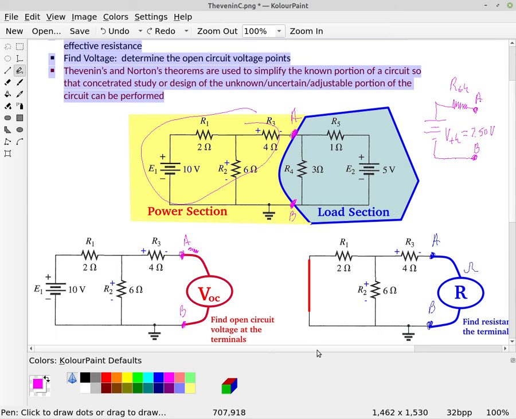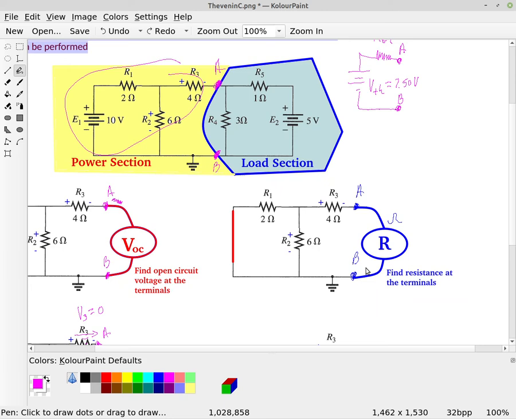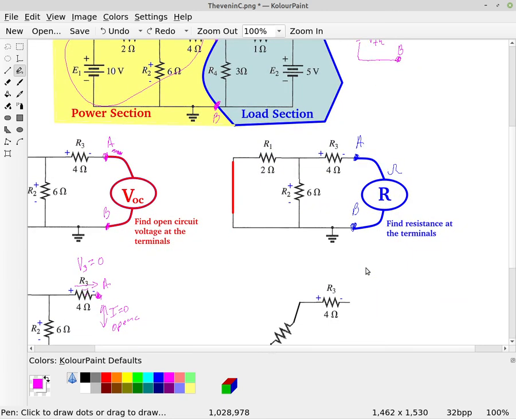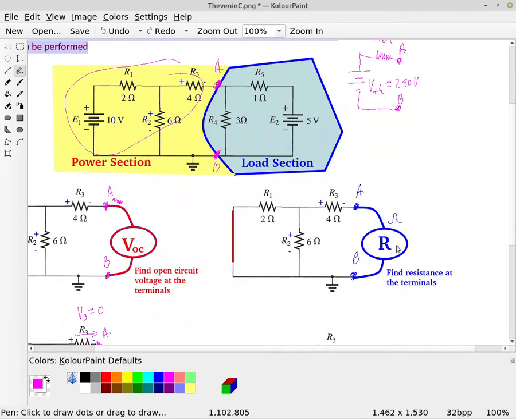Now we can find the Thevenin resistance. Again, it doesn't matter which one you do first because they're done completely separately. The rule when you're trying to find R Thevenin is to short all the voltage sources.